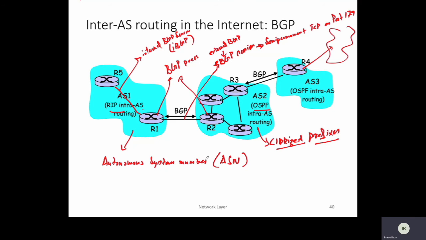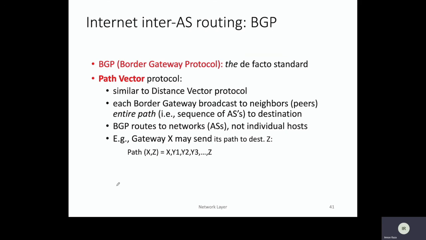The details are given in RFC, request for comments, 1930, if you want to look at them. So when reachability is advertised, the globally unique autonomous system number is also shared with the neighboring autonomous system, right?